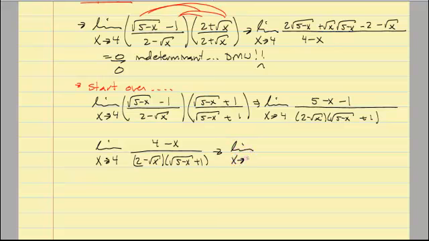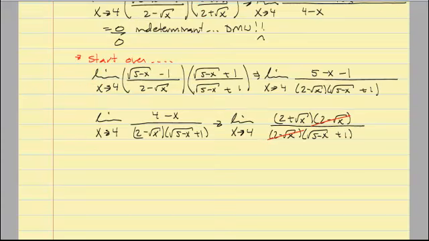So here we have the limit as x approaches 4. Now how does 4 minus x factor? It factors into 2 plus root x times 2 minus square root of x. We're dragging along the denominator, 2 minus square root of x times root 5 minus x plus 1. Now again, we hope something will cancel here. The 2 minus root x's cancel.